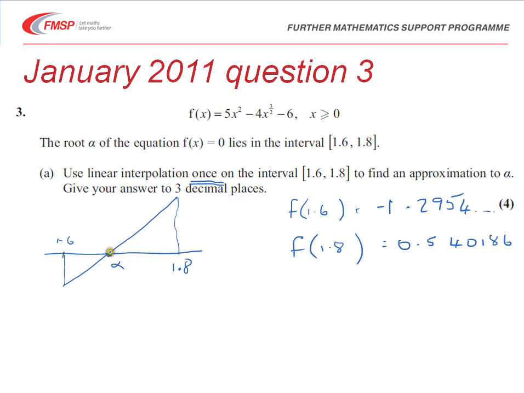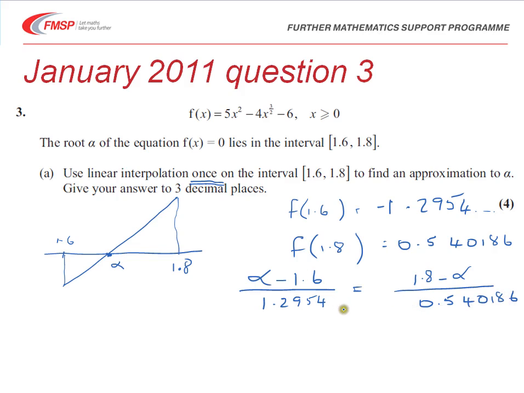Now what we want to do is use this idea. We've got this height here, so we want alpha minus 1.6 divided by the height of this triangle. Well, that's going to be 1.2954, is equal to 1.8 minus alpha divided by 0.540186.